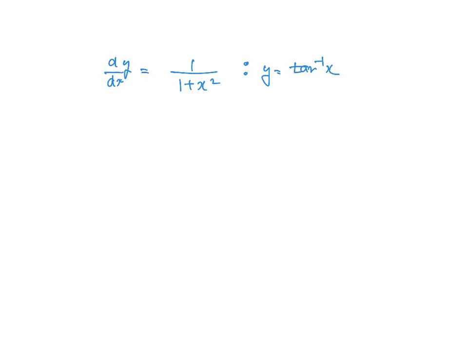But also, some constant can be a solution as well, right? Because the derivative of arctangent x plus c is 1 over 1 plus x squared. So you can have an additional constant in the solution.